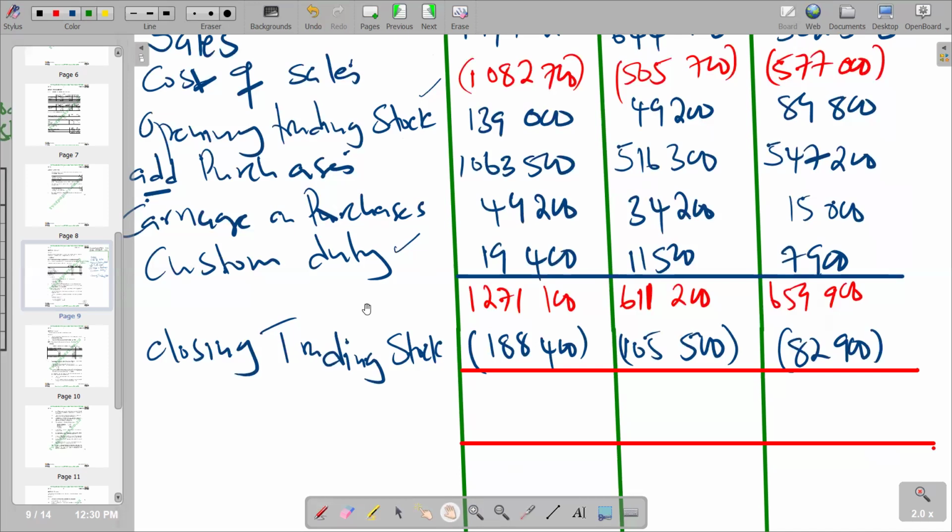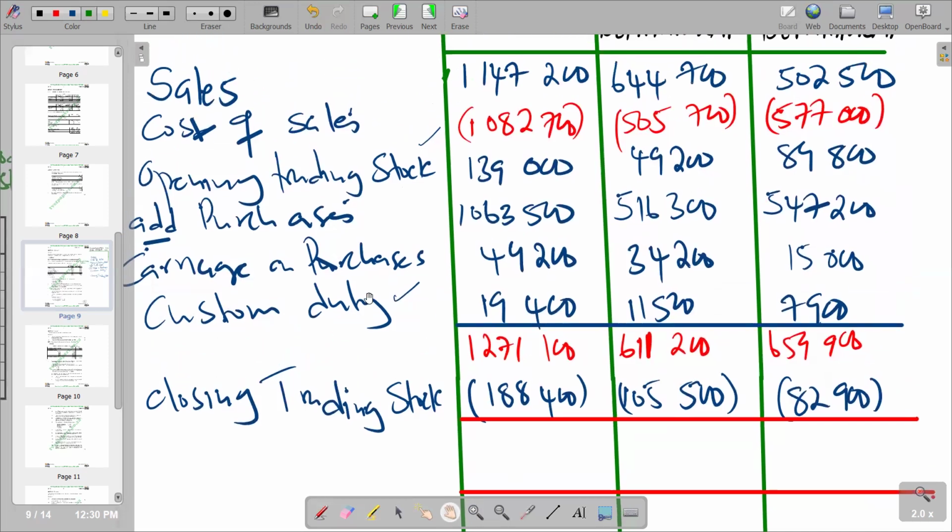Let's just bring it down. We are saying 1,147,200 minus 1,082,700.